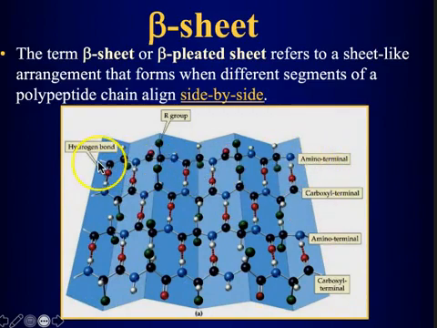So here is one amino acid chain, and here's another, and another, and another. And then they interact with each other in this pleated manner. So it's kind of a zigzag manner. This is why you say if something's pleated, like a pleated skirt, it's kind of that zigzag shape.